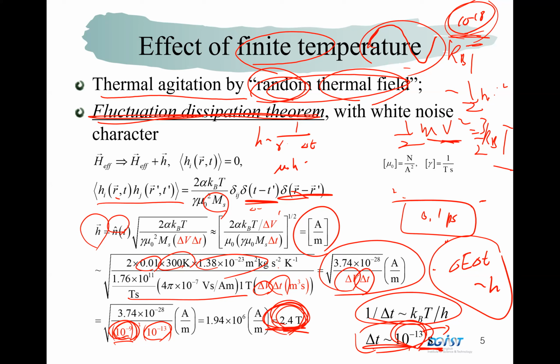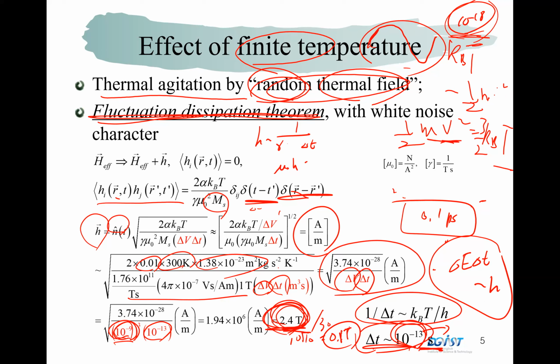Then this field magnitude is smaller by root 1000, so about 30 times. So we get an effective field of maybe less than 0.1 Tesla. So it's moderate. If your particle has a large enough anisotropy energy, it can stay in its own direction even though there's some agitation.